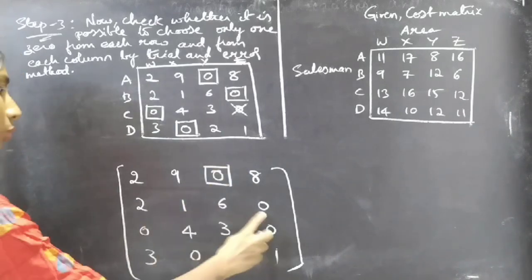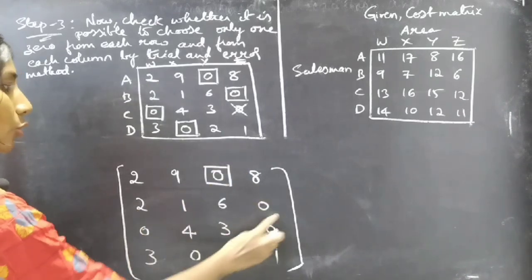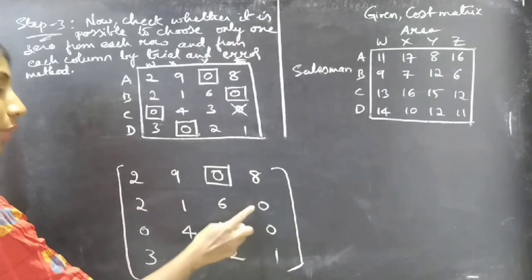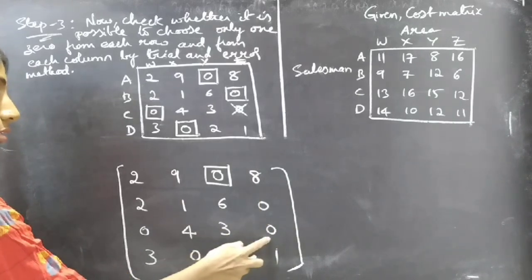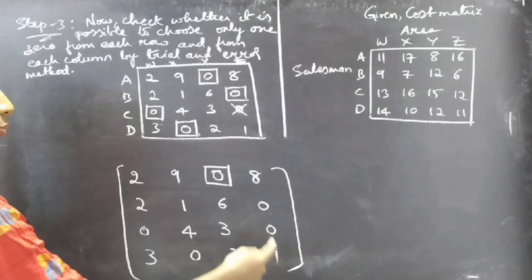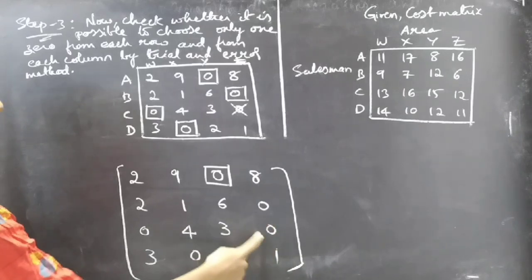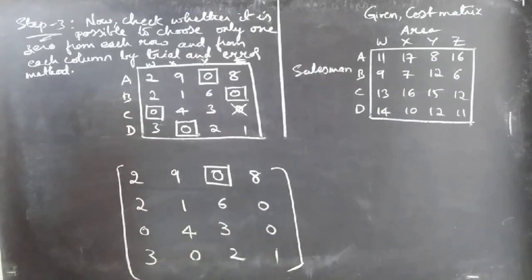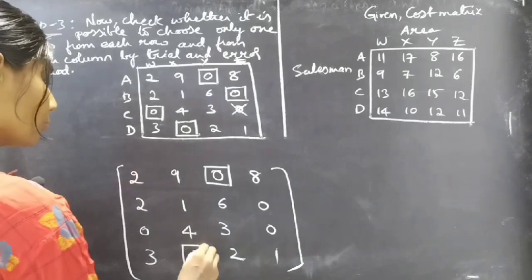Now coming to the second row, in this row we have a 0 in the last column, so you can assign this by crossing this 0, but in this column you have one more 0, right? So let's wait. Coming to the third row, you have 2 zeros, so just wait. And coming to the fourth row, you have only one 0 in this row and only this 0 in this column, right? So you can assign this.